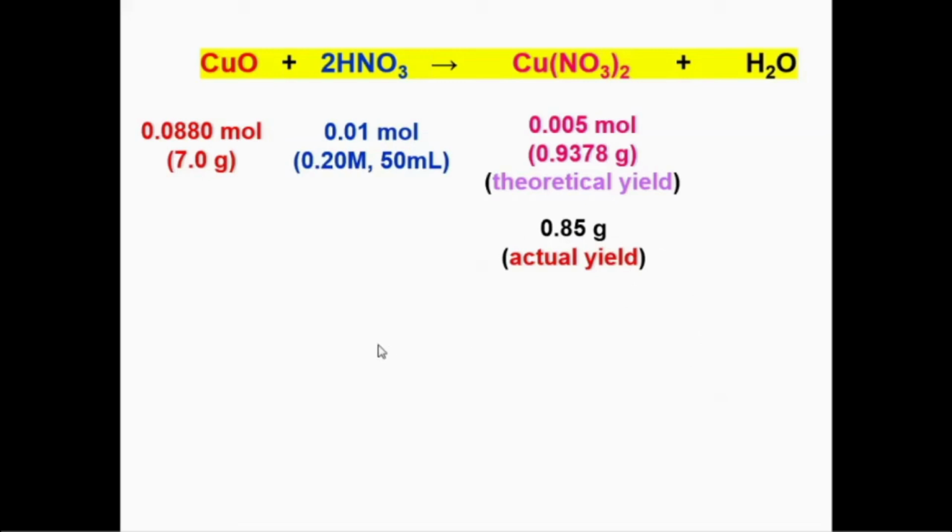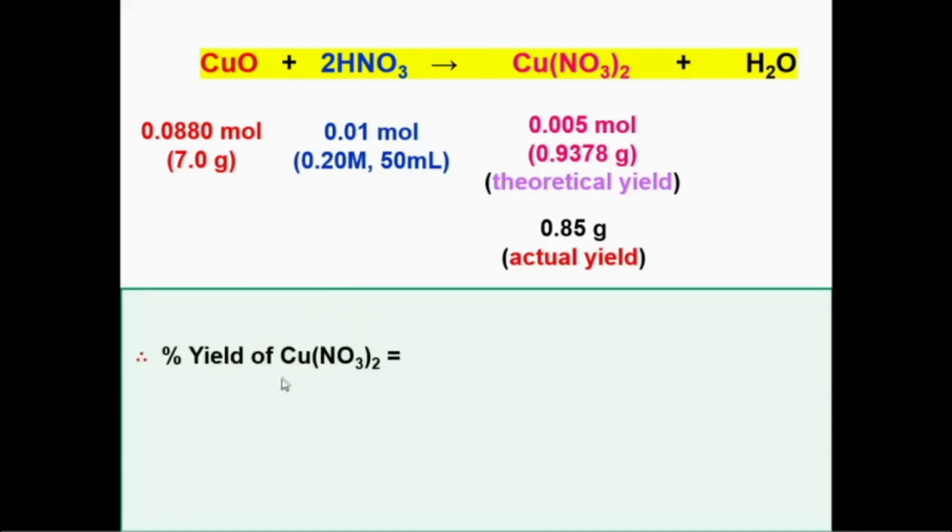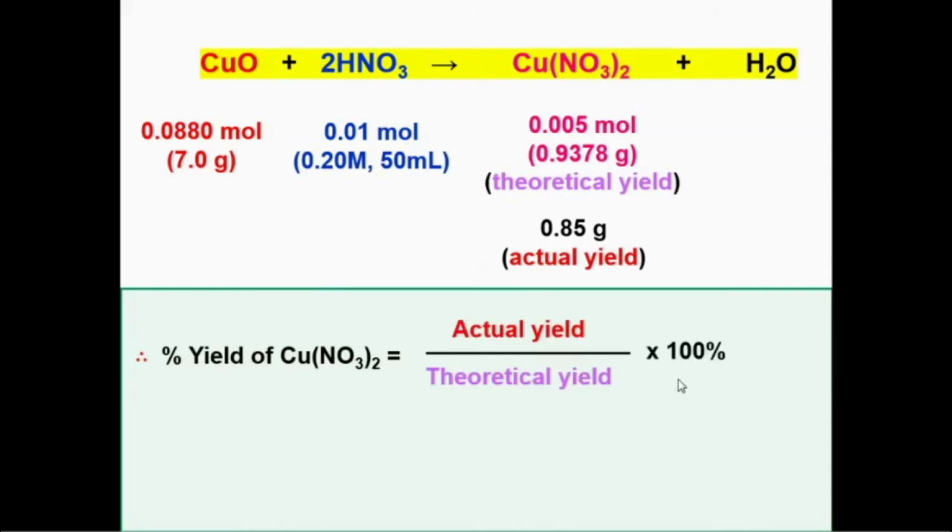To calculate the percentage yield of copper 2 nitrate, we know that it is the actual yield divided by the theoretical yield, times 100%. Remember guys, for the actual yield and theoretical yield, you have two options, whether you want to use the moles or the grams. It is not necessary to use grams, we can also use moles, but in this case, I'm going to use the masses, or grams.